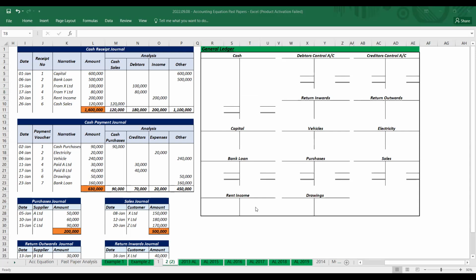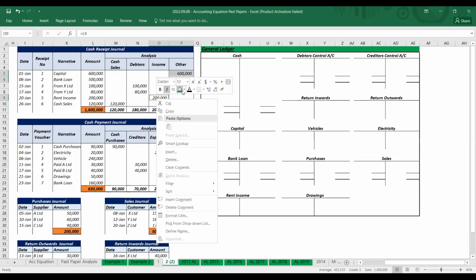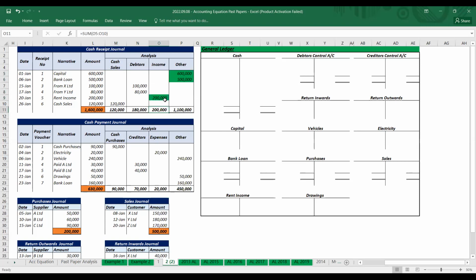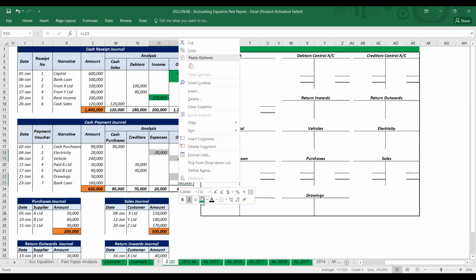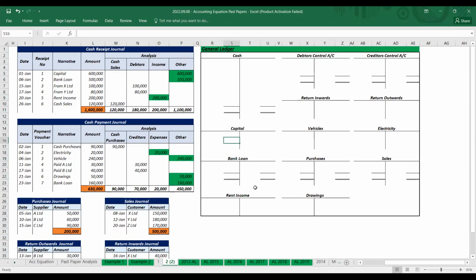There is a question: can't we open a common ledger for the other column? No, capital is a different transaction. Bank loan is a different transaction. These you need to open separate accounts. Income column and other column, expense also the same. These you need to open separate accounts.